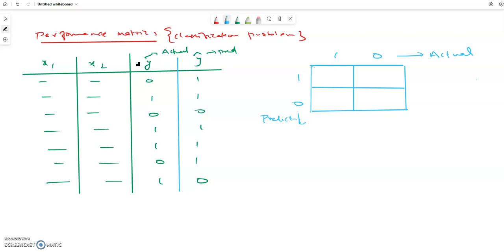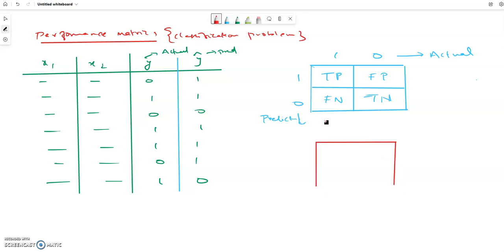Now let's say this is true positive, false positive, false negative, and true negative. So this is our confusion matrix. What exactly this confusion matrix is, we'll see a little bit later on, but for now let's understand this. Based on this problem statement, I'm just trying to draw the same confusion matrix here.